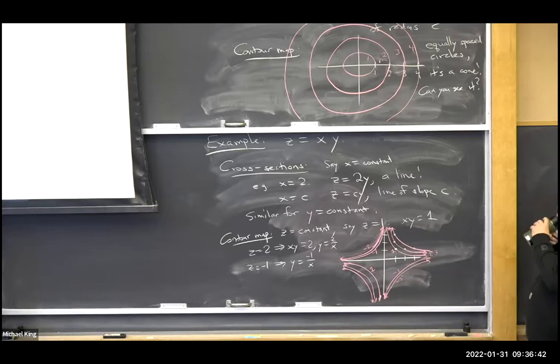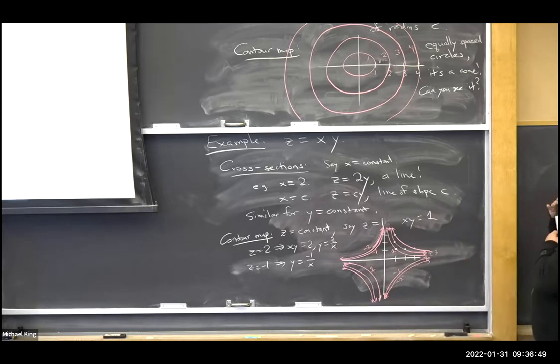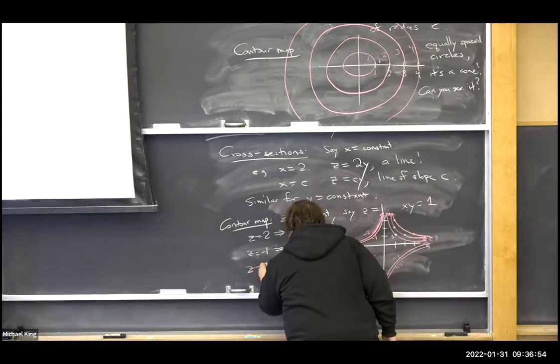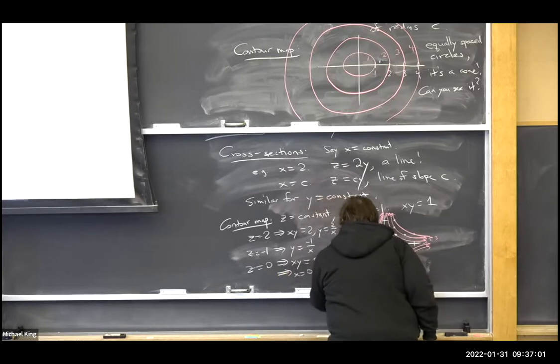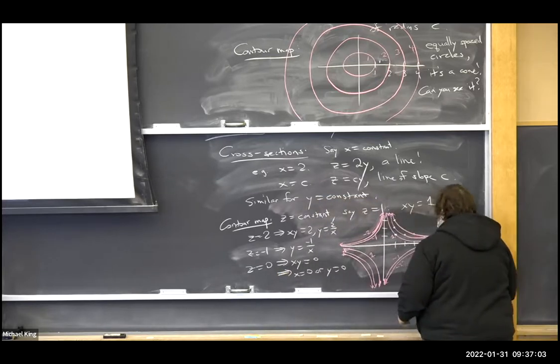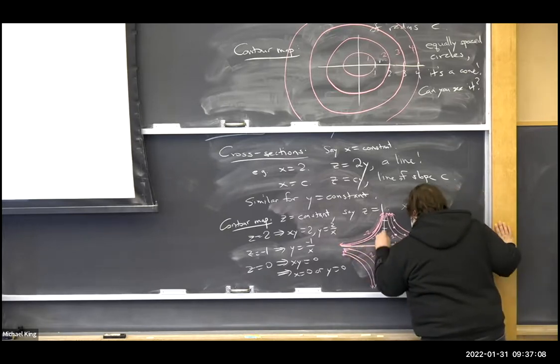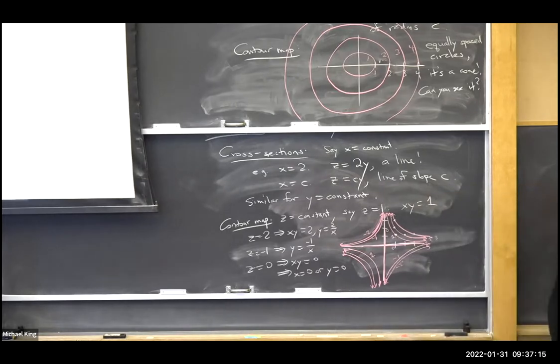So yeah, both axes. That's interesting. Sorry, z equals 0, xy equals 0, so x is 0 or y is 0. So I can actually draw the 0 contour like that. Hard to draw in the picture, but.